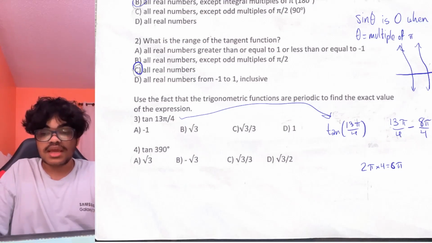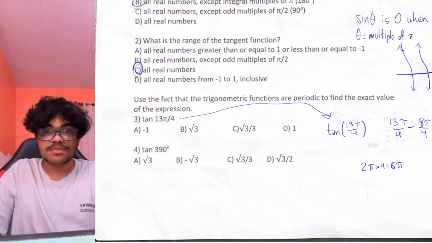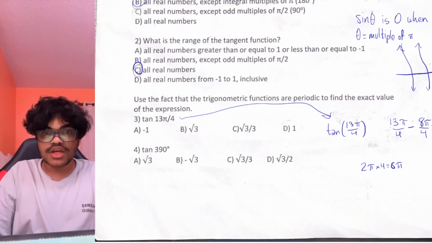And if you reduce 8 pi over 4, you just get 2 pi again. So when we do this, we can just subtract across. 13 pi minus 8 pi is just going to be 5 pi. And then the denominator stays, so 4. Now 5 pi over 4 is less than 2 pi and greater than 0. So that's good. We are in a range where we can use a reference angle.